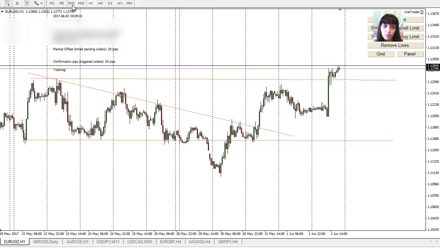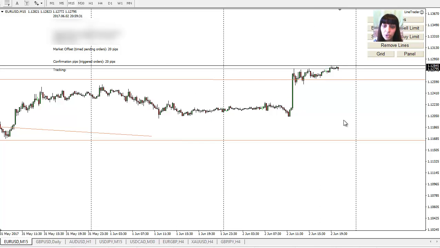It's a 1 hour chart. Remember, I usually use a 15-minute chart, but here it's a much better view of a very nice channel, and this is where I went for a trade, the news trade, with my usual strategy where I place orders in both directions. So here I was already placing buy and sell pending orders.